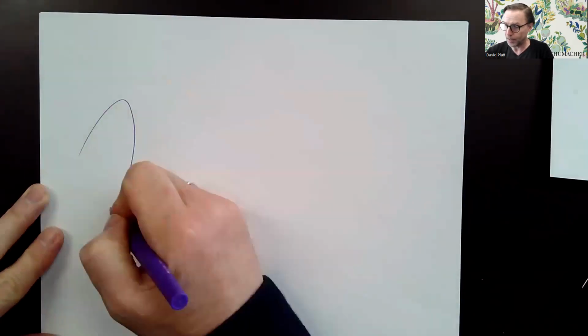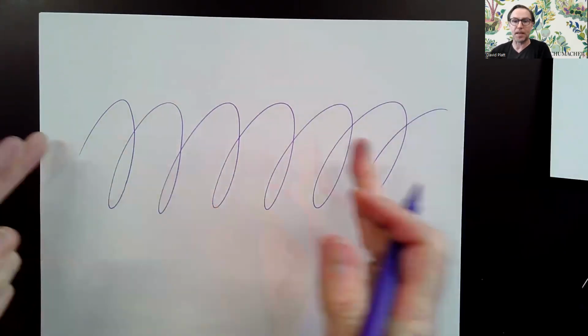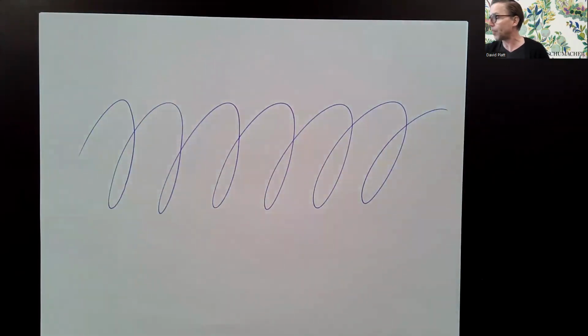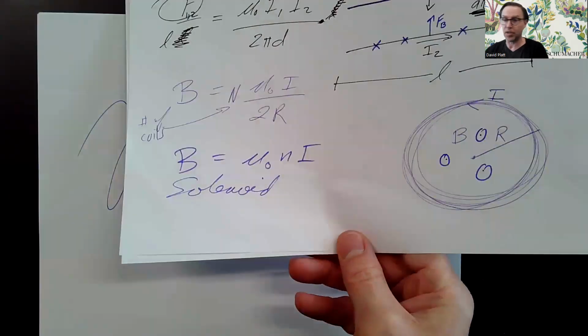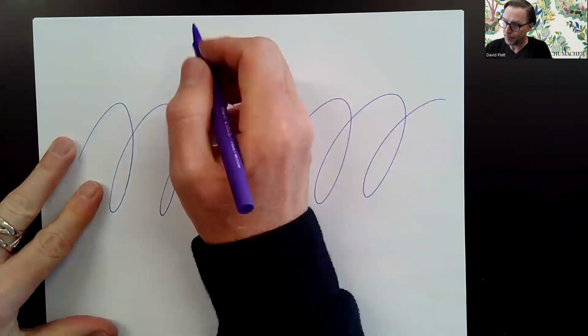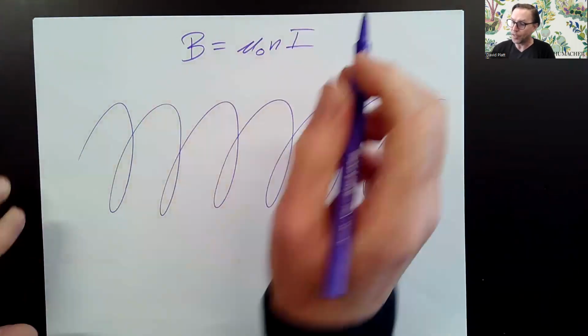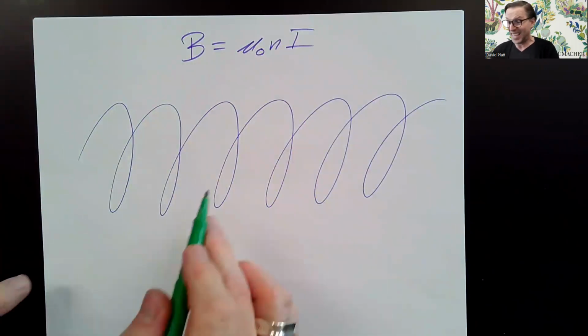So it looks like this. The coils are stretched out over space, kind of like if you have a slinky and you stretch it out. So that's what this equation right here is. B equals mu naught n i. And it's the strength of the magnetic field inside.